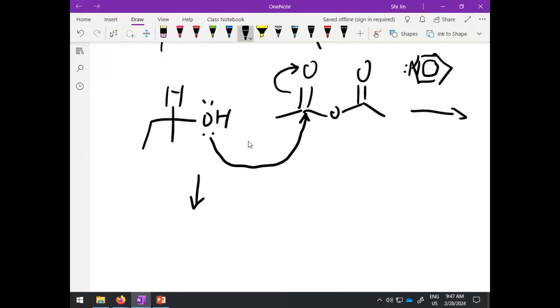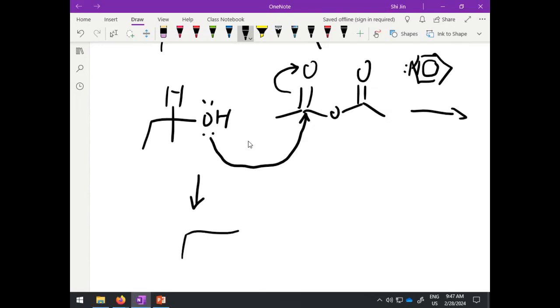Again, I'm just helping you understand what kind of product we will be getting. The exact mechanism actually will be different. When we go into chapter 20, we will have more discussion about it. But at this stage, I just give you a general aspect. The OH group of the alcohol, with oxygen serving as the nucleophilic atom, will be attacking the electrophilic carbonyl carbon.